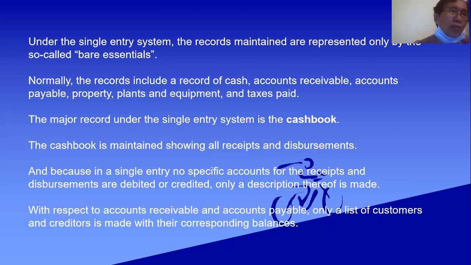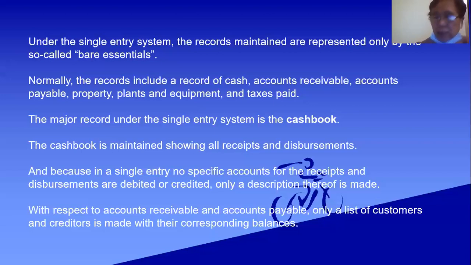So in the cash book, you merely list down all your receipts and disbursements in a single column. And because in a single entry, no specific accounts for the receipts and disbursements are debited or credited, only a description thereof is made.